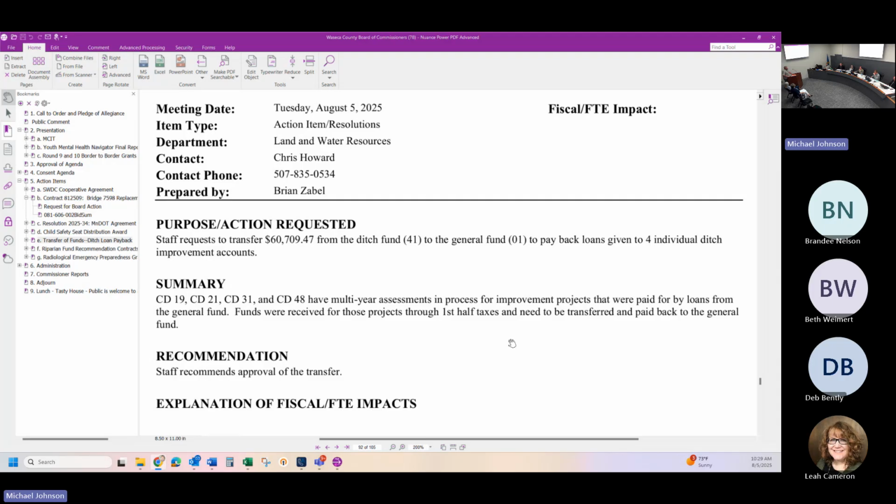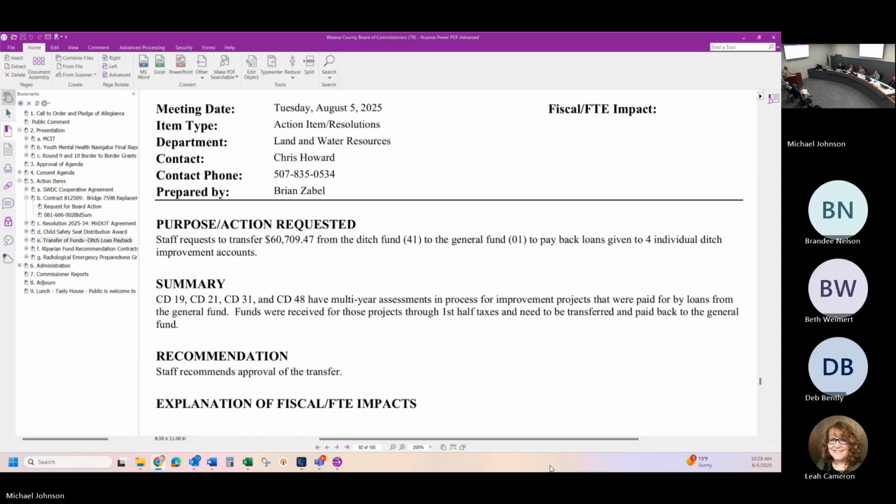As we collect the money, we would like to pay it back to where it was borrowed from. Those county ditches with improvements are County Ditch 19, 21, 31, and 48. As you know, they're all on multi-year assessments for the improvement projects. They were funded by proceeds from the general fund, and we would ask that you approve the transfer.